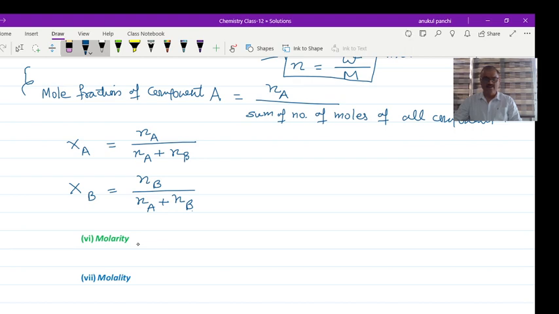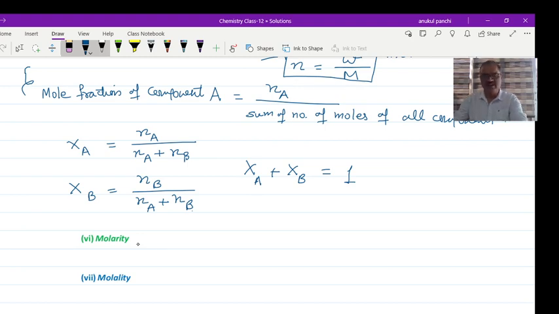And you know both are fractions, and the sum of all the fractions will be unity. If a solution has only two components, one means total, then both fractions will make total, will make one. If three components, three will make one. 4 components, 4 will make 1.